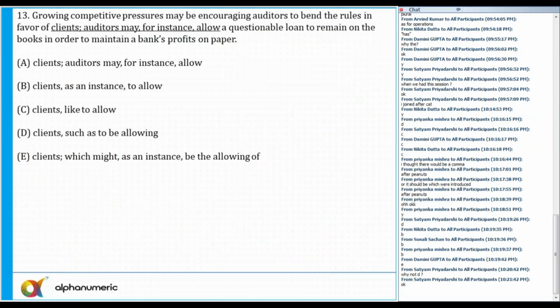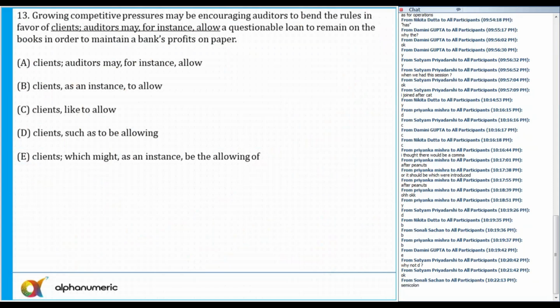Question number 13. Growing competitive pressures may be encouraging auditors to bend the rules in favor of clients. Semicolon. It's a semicolon.